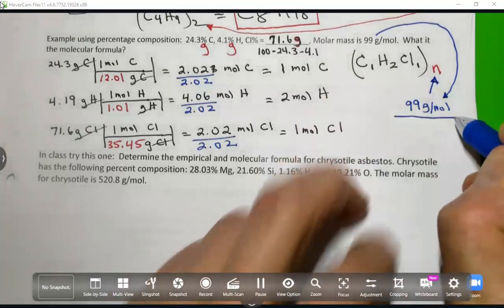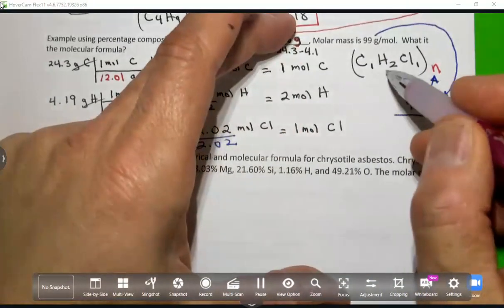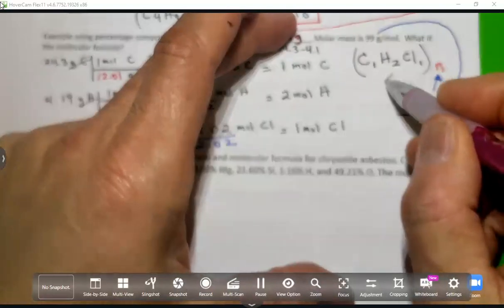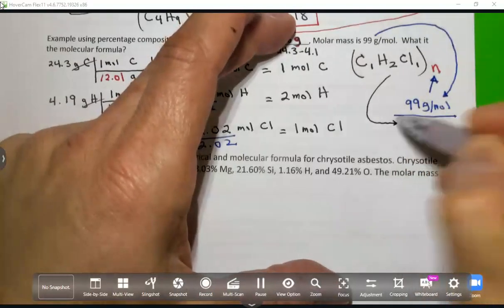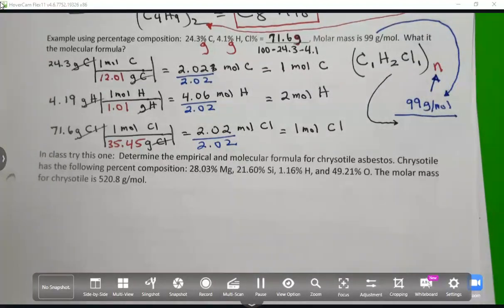We're going to divide by the empirical formula mass, which is 1 carbon, 2 hydrogens, and a chlorine.